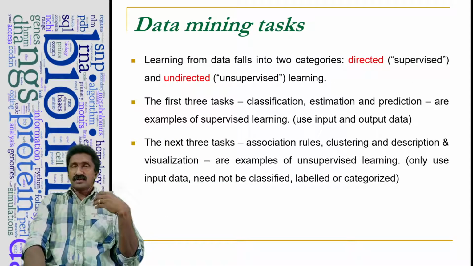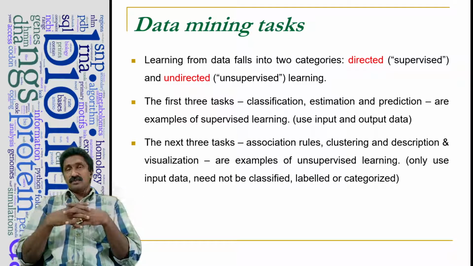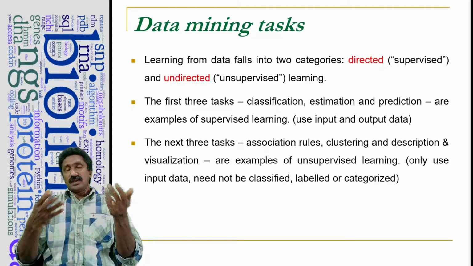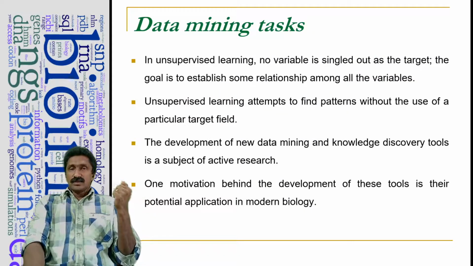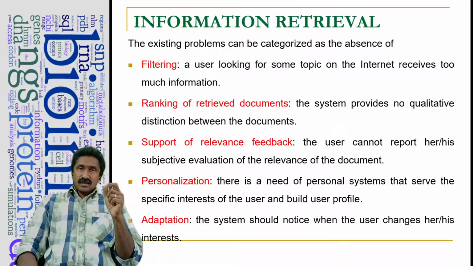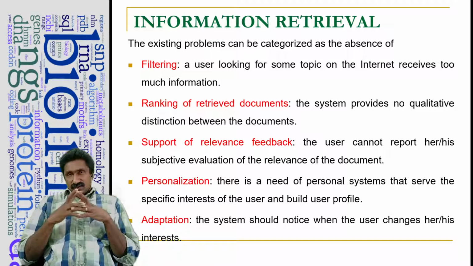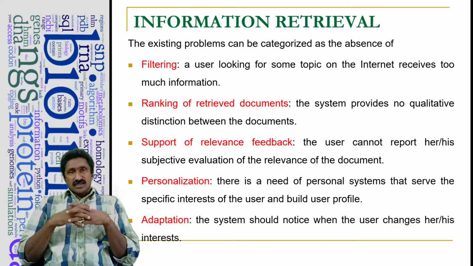So that type of data mining tasks can be placed under directed learning or undirected or unsupervised learning. This is having more applications in biology. The information retrieval is another part.